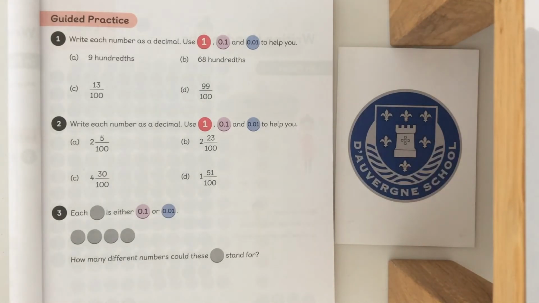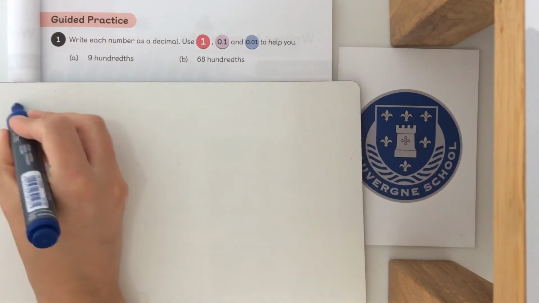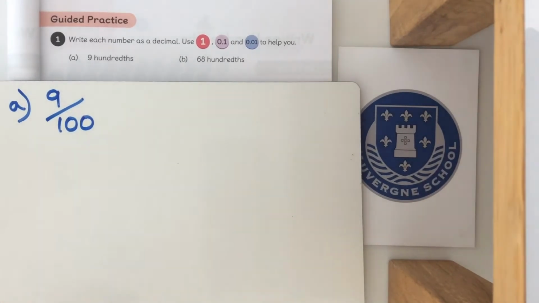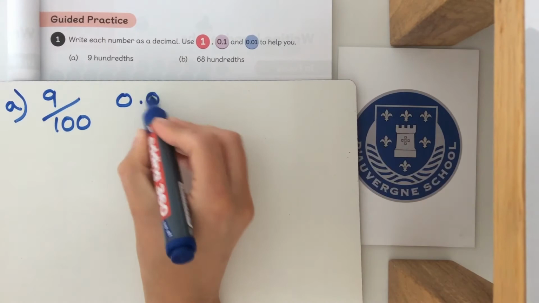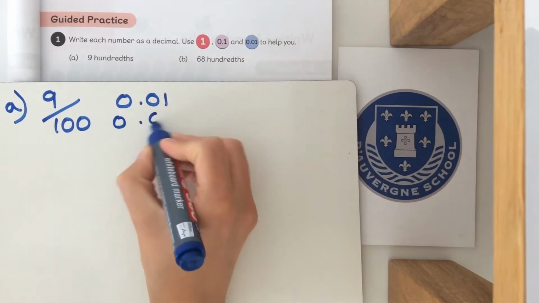Right, so let's see how we've got on. So number 1, A, we've got 9 hundredths. As a fraction, I would write that like so. Okay, and we know that a hundredth looks like this. And we've got 9 of those.